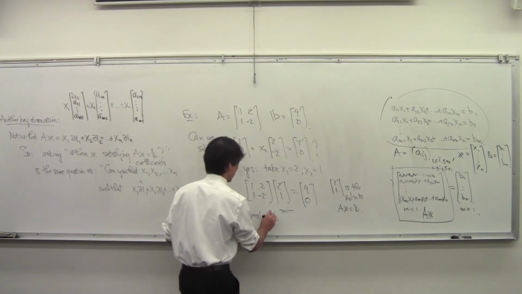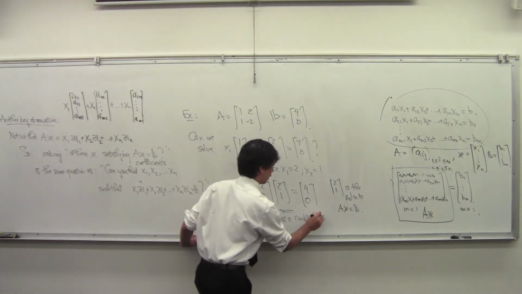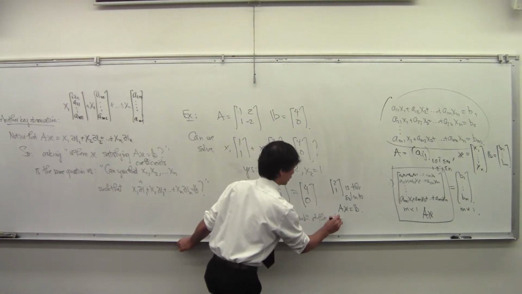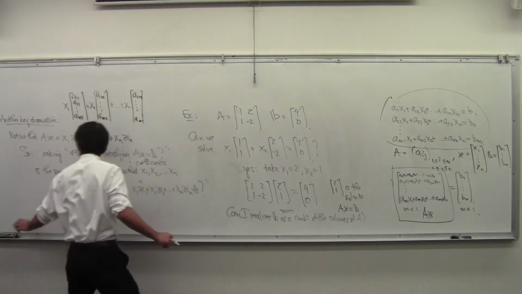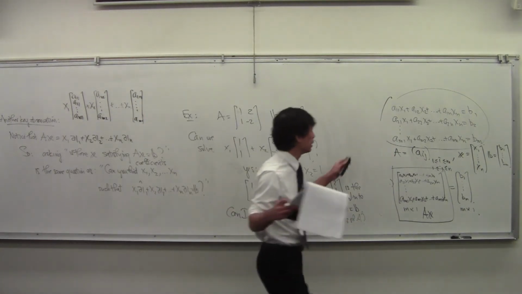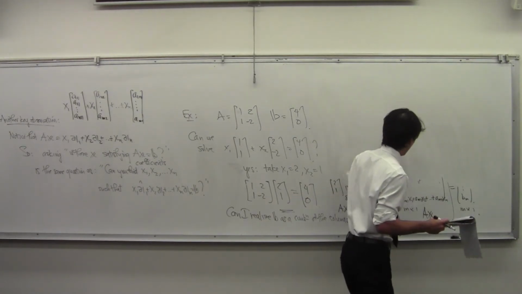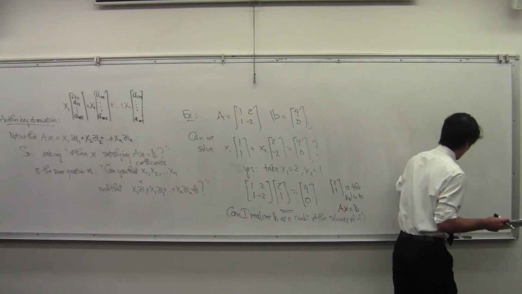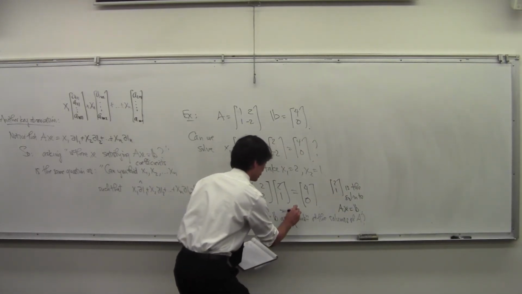We need to introduce a definition, because if I say combination, that could mean anything. So there's actually a specific term. It's called a linear combination.